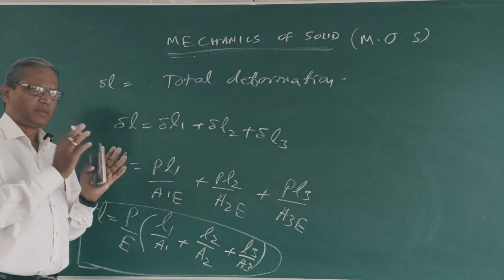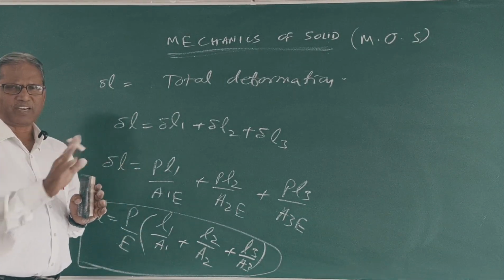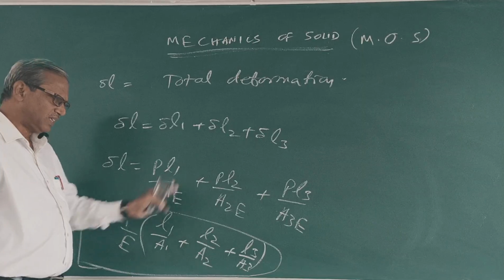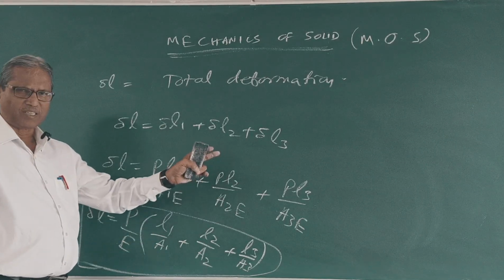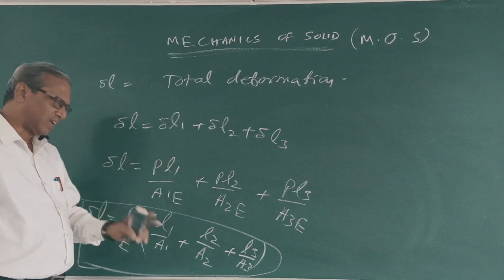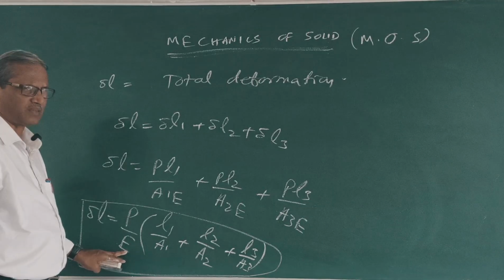If different parts have different materials, in this case all three parts consist of the same material, so E is the same for all sections.